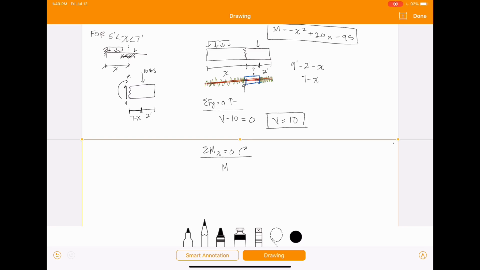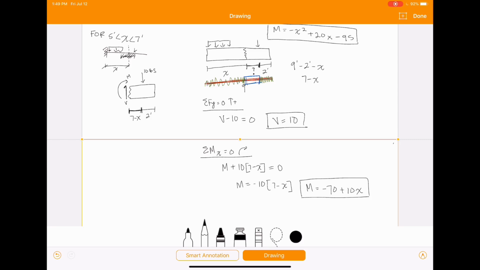So we're going to get M plus 10 times our moment arm, which in this case is going to be 7 minus x, equals 0. We can solve for M. And that's going to be our moment equation.